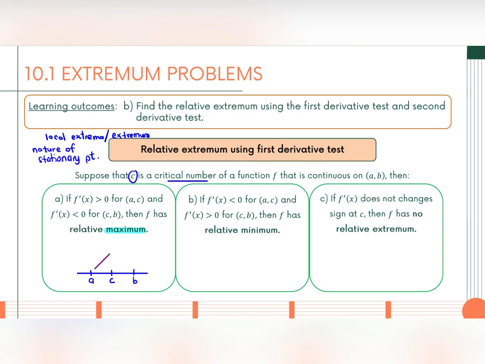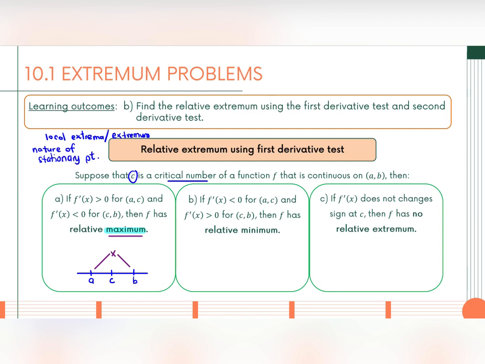Dan F prime X is less than 0 antara C and B. So, dekat C dengan B ni, gradient dia less than 0. So, dia menurun. So, bila dia menurun, kita nampak dekat C ini, kita akan label dia sebagai maximum point. Okay, so kita akan bagi tahu dia adalah relative maximum, ataupun kita akan cakap dia adalah maximum point, ataupun kita akan cakap dia adalah local maximum.